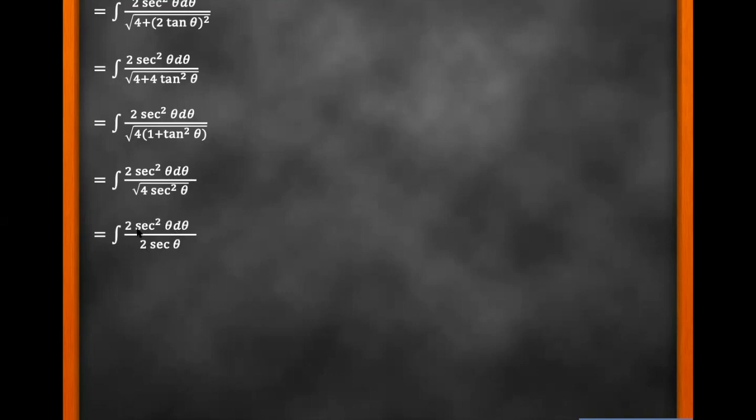You can see that there's a secant in the numerator too, so we can cancel that. We can also cancel 2, giving us the integral of secant theta d theta. Now we have a formula for this, and the answer to the integral of secant theta d theta is the ln of secant theta plus tangent theta plus c.